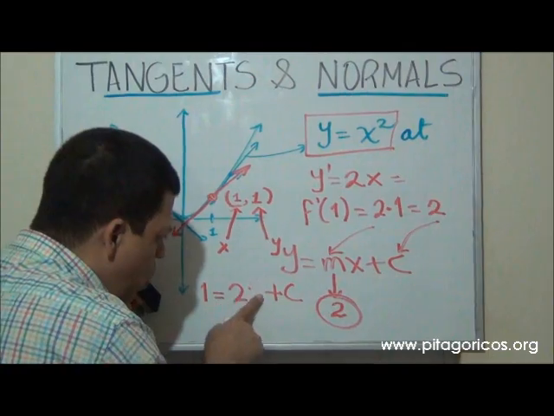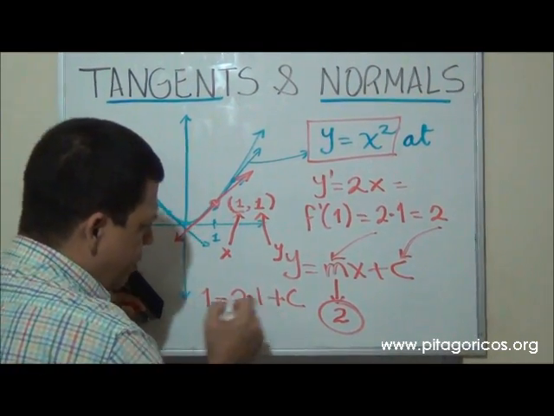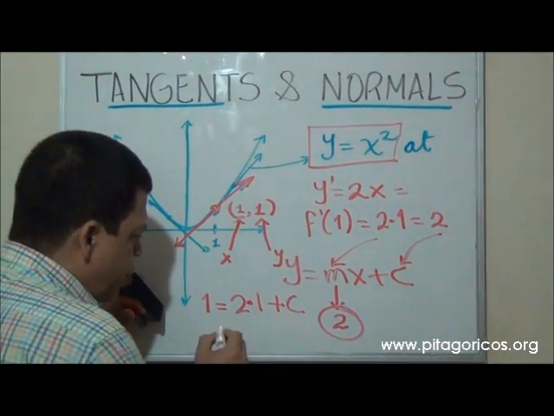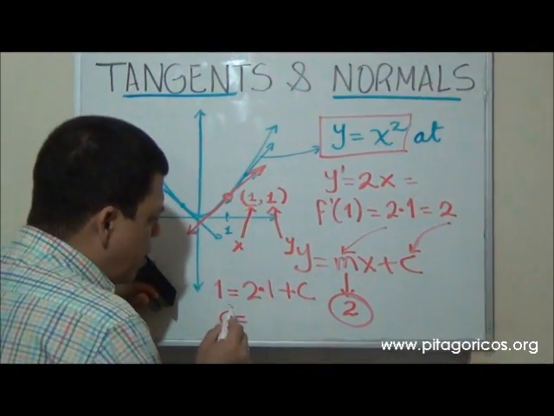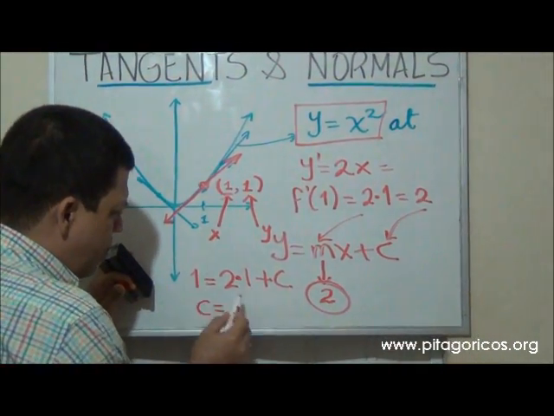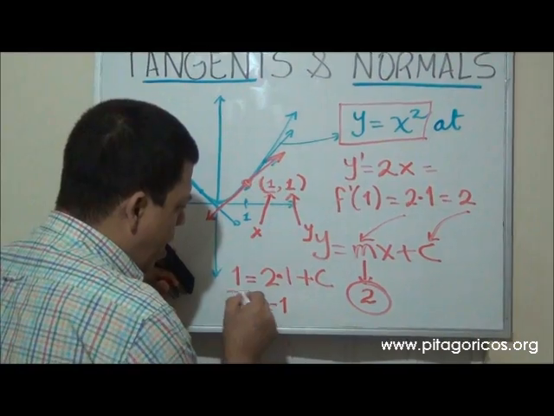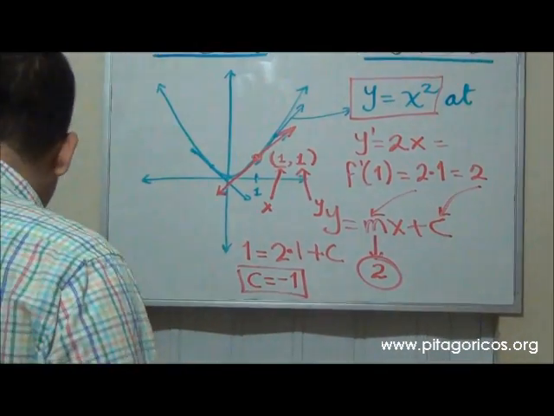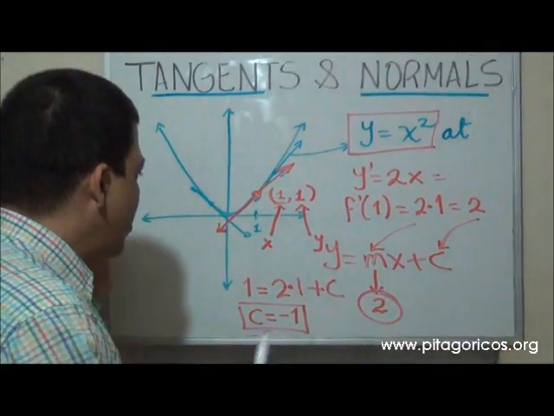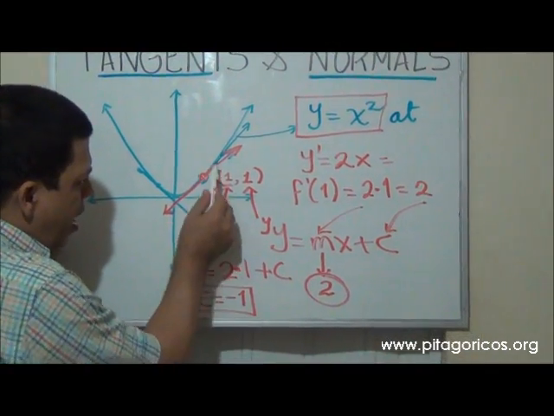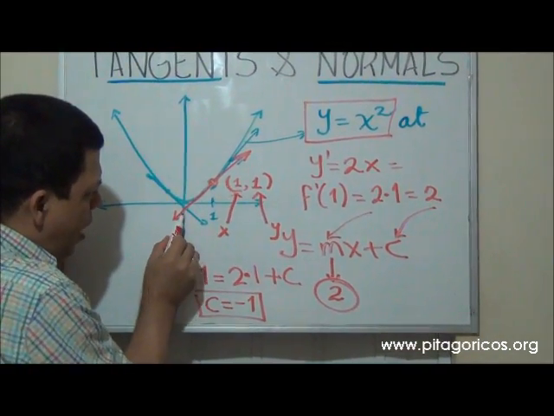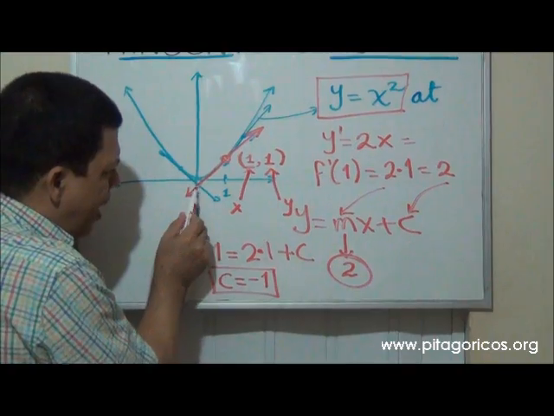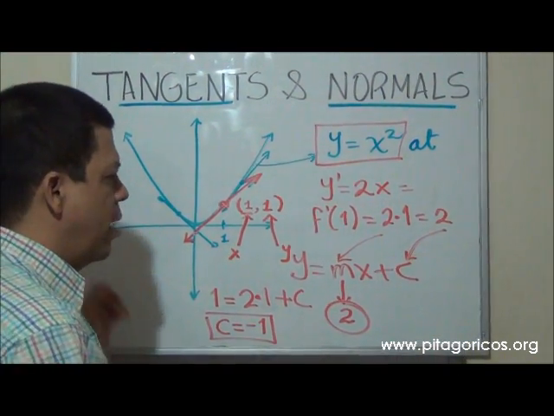But x is also 1, so it's 2 times 1. From here you can immediately know that c is equal to 1 minus 2, that would be minus 1. And that makes sense, because as you see, my tangent is going to cut the y-axis at a negative value, and that is minus 1.